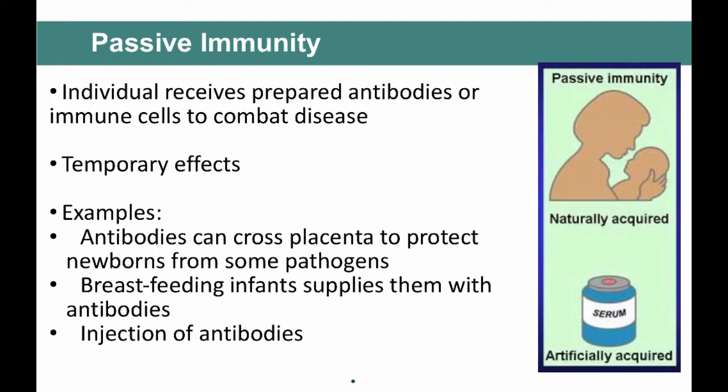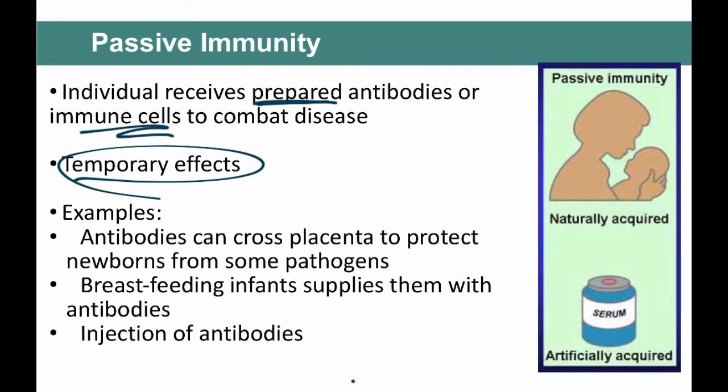Passive immunity is sort of what it sounds like. You're given prepared antibodies or immune cells from someone else in order to combat disease. Because your own body is not making the antibodies or generating clonal expansion of your own immune cells, the effects are going to be temporary.